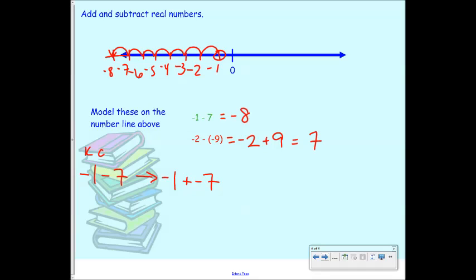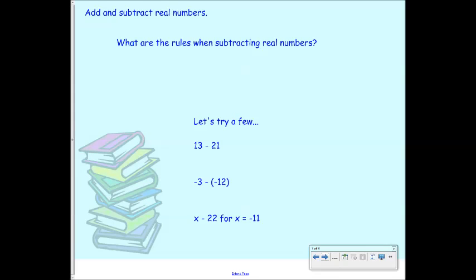All right, so the rules stay the same. The only change is that when you have two minus signs in a row, it becomes a positive sign. All right, but the rules still stand. So I'm going to write them again, but you don't need to write them again. Okay, so the rules are same sign, add, different signs, subtract, and then always keep the sign of what?